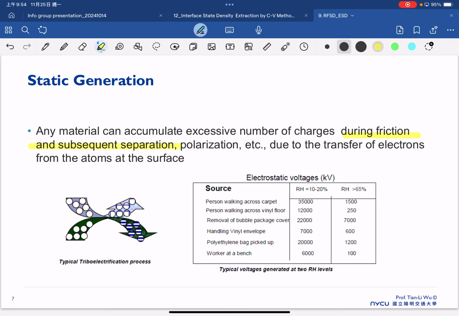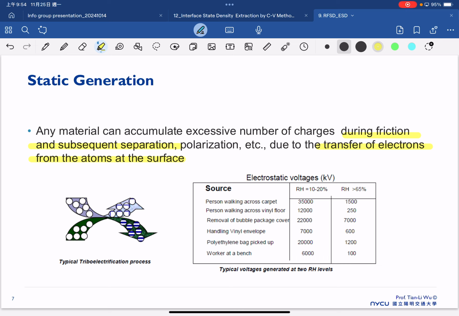So once we apply friction on one material and later separate, we start to accumulate these additional charges. This is because of the transfer of electrons from the atoms at the interface. I think we all already know this from junior school and high school, that friction and separation will cause triboelectricity.